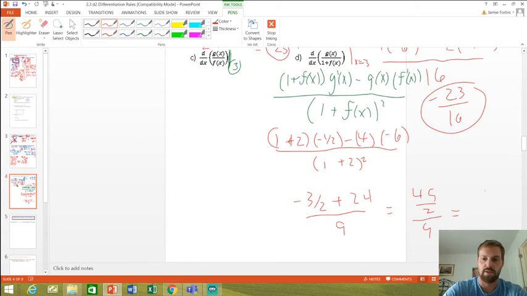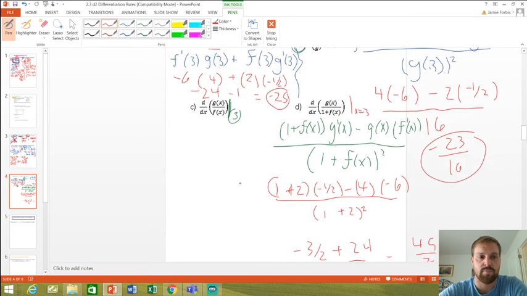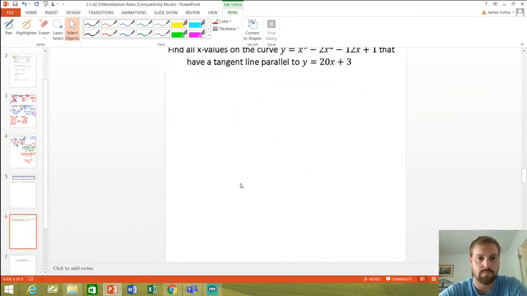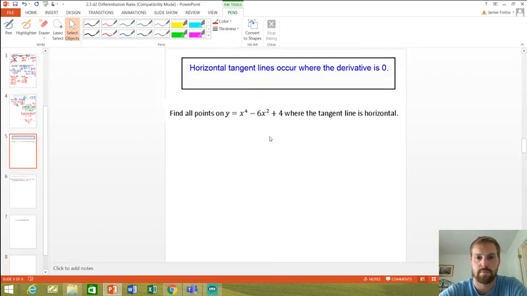And that reduces down to 5 halves. Okay. All right. Well, I feel pretty good about those problems. Again, try C if you want. We can finish that in class, but I kind of want to move on with it. I got two more problems.